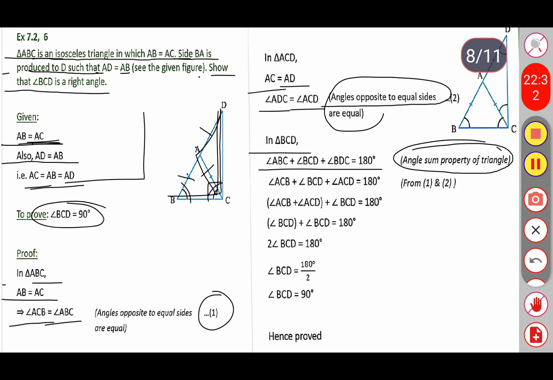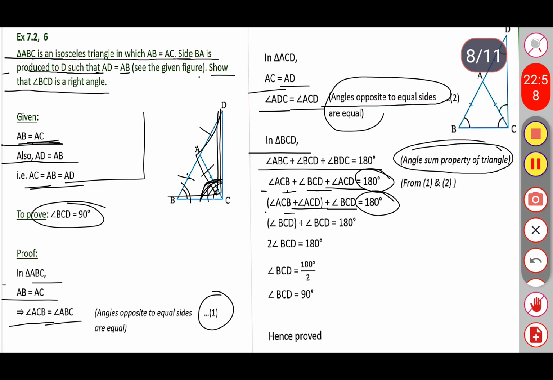Angle ABC plus angle BCD plus angle ACD is equal to 180 degrees. So here angle ACB plus angle ACD, we are going to combine these two angles. Angle ACB plus angle ACD plus angle BCD is equal to 180 degrees.